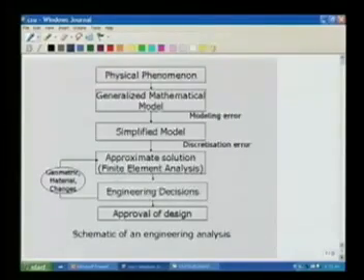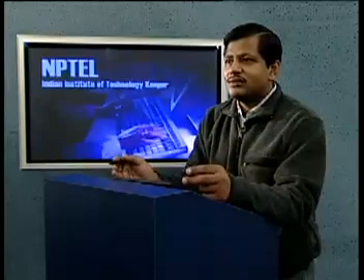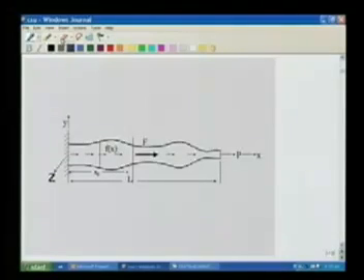So once this job is done, then I approve the design and send it for prototype fabrication. After the prototype is made, then laboratory tests have to be done to see whether what I have done is good or not. If it is not good, then I have to go back to the drawing table. So let us now look at a few typical simplified mathematical problems that arise in everyday engineering practice.